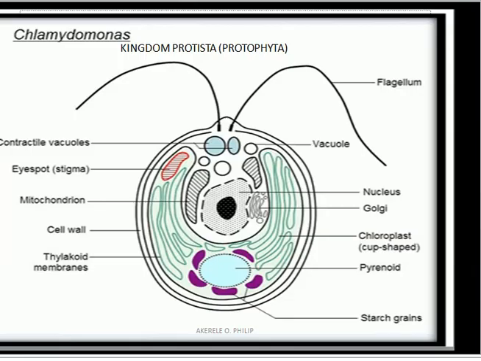Now, moving on. This is still under kingdom Protista. This one is Protophyta. Proto from the word Protista, then phyta comes from plant-like. So this is a pure plant-like protist.